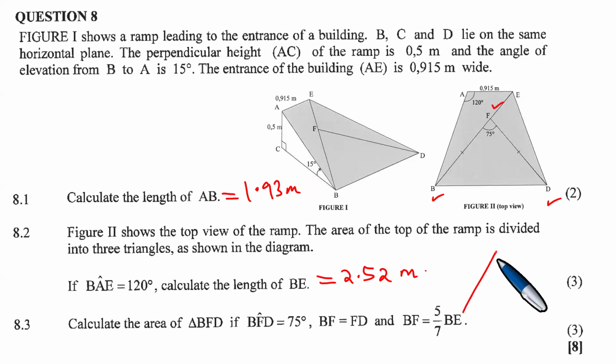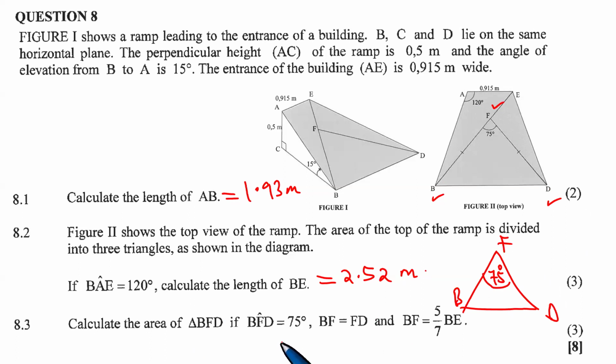So we have this triangle BFD. In other words, this is our BFD. This angle here is 75 degrees, and we want to find the size of the area.